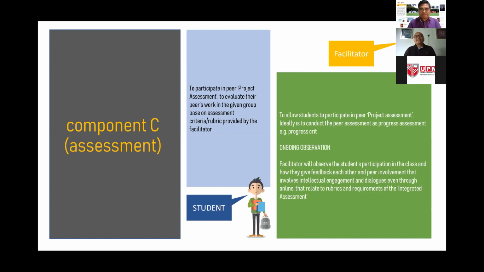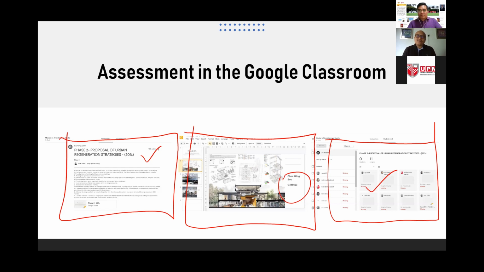And then during this COVID, what I introduced is that we have this assessment in the Google Classroom, where we set the deadline and then give the marks. For example, you look here, the student uploads their work.